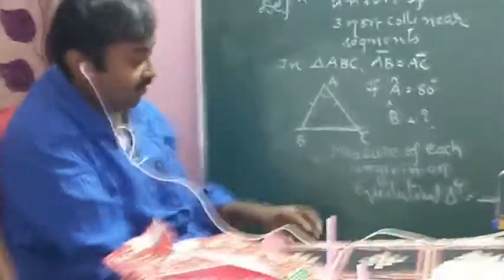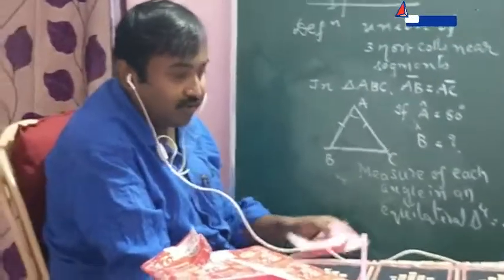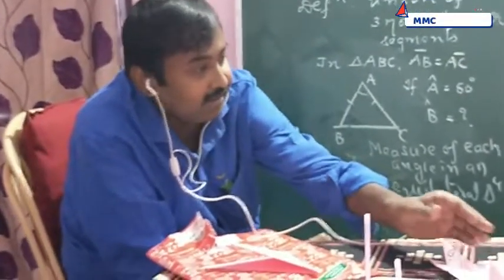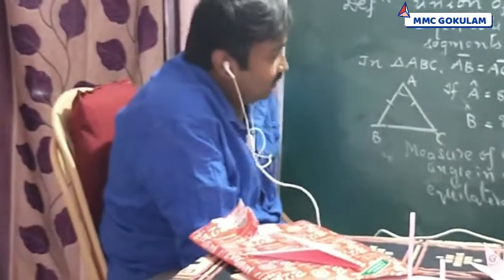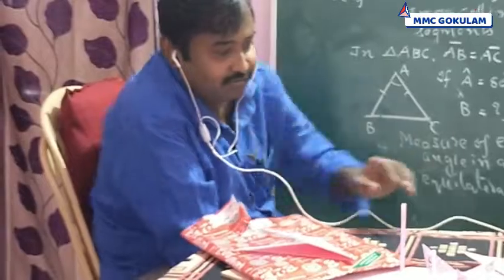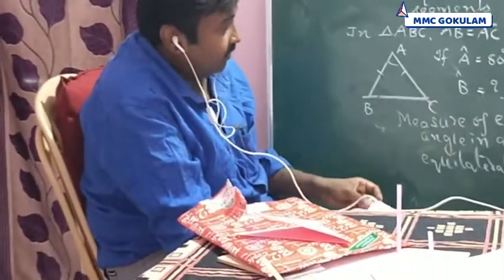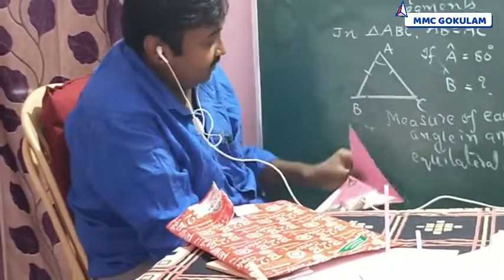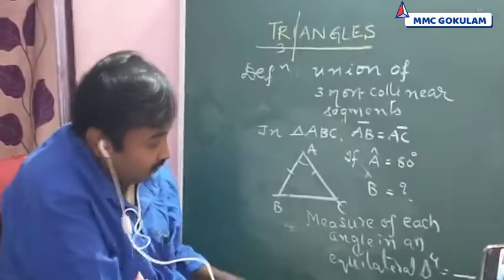The sum of three angles, you already know, is 180 degrees. Equilateral triangle is also called what? Equiangular triangle. All angles are equal. So divide it into three equal parts, so you get the answer. So do it, friends.